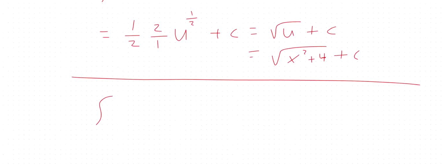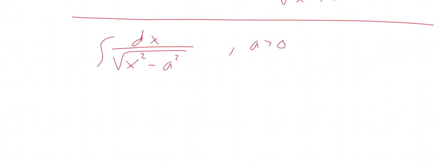Let's have dx over square root of x squared minus a squared. And they add a disclaimer of a is going to be a positive number. All right, so this one's a little bit more general. So it's something squared minus a number, our x squared minus a number.